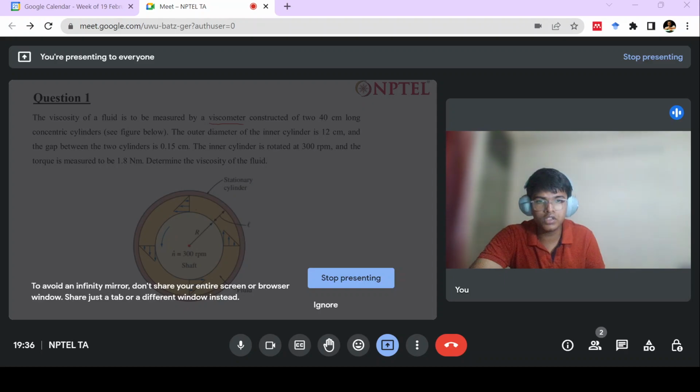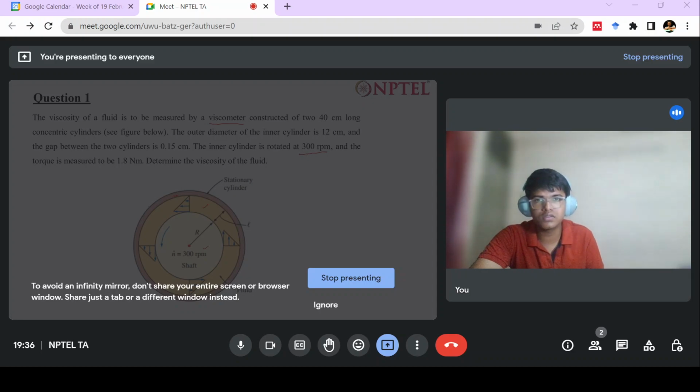The fluid is present in this dark orange region, and there is a stationary cylinder here. This is not rotating, it is stationary, and this yellow cylinder is the shaft, which is rotating at an RPM. The RPM is also given.